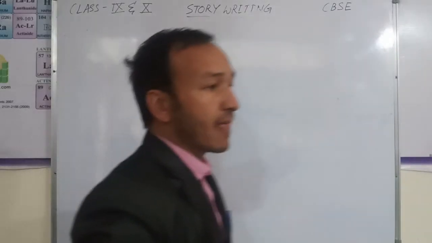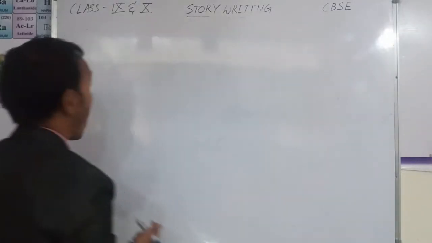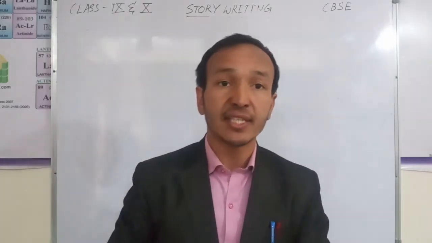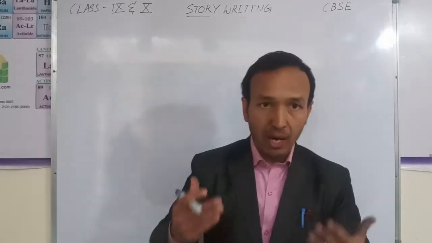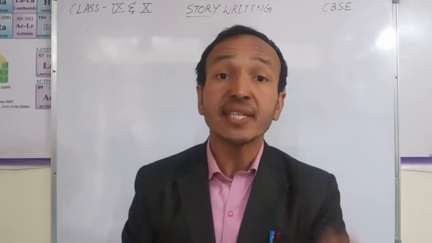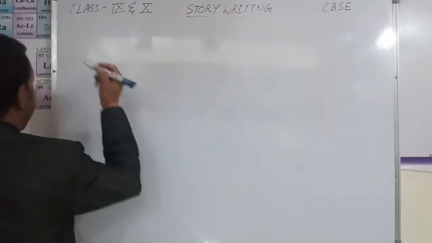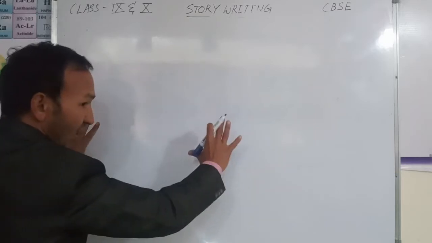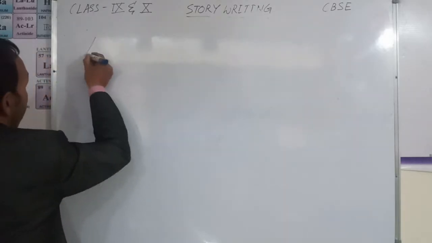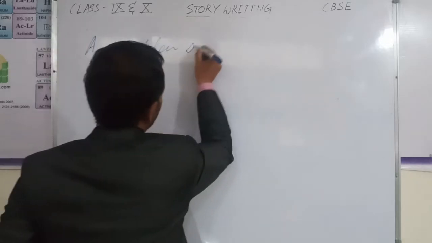I have given the introduction first, and now what comes next? As I told you yesterday in phase 1 about the characteristics of the story, your story should always carry a surprise in it. In paragraph 1 you have seen the scene I have created. Next it comes: a sudden screech.